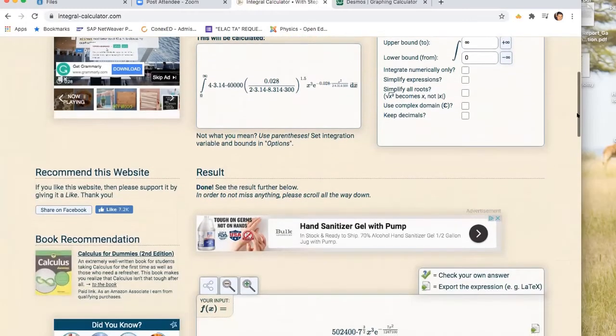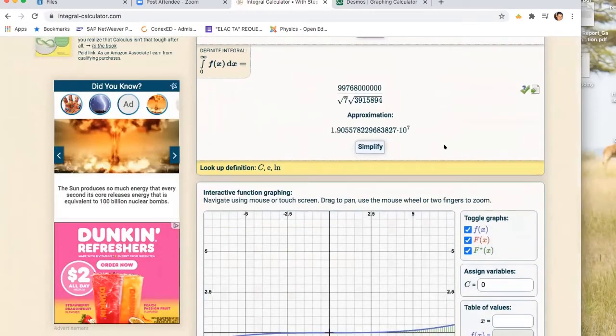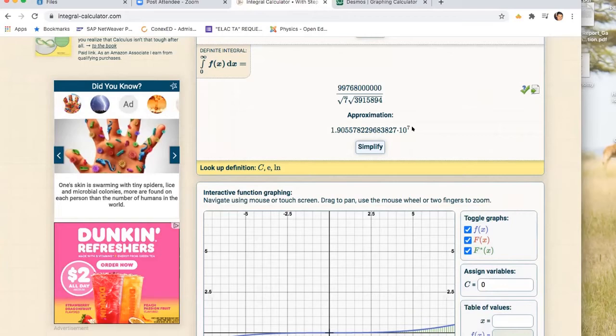Notice this time it did give us an answer. 1.09. So I'm doing the integral from 0 to infinity of x cubed e to the minus x squared. Okay, what did it give me? 1.905578 times 10 to the 7th.